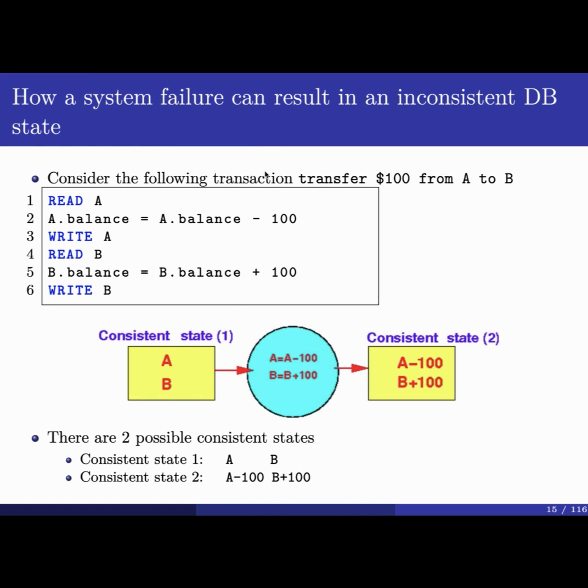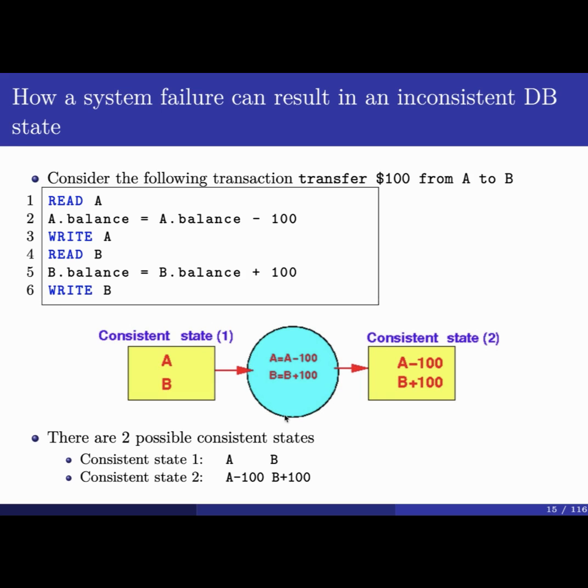So the same example, transferring between A and B. Let's take a look at the states. We start with a consistent state, with the current value of A and the current value of B, and we assume the initial state is consistent.